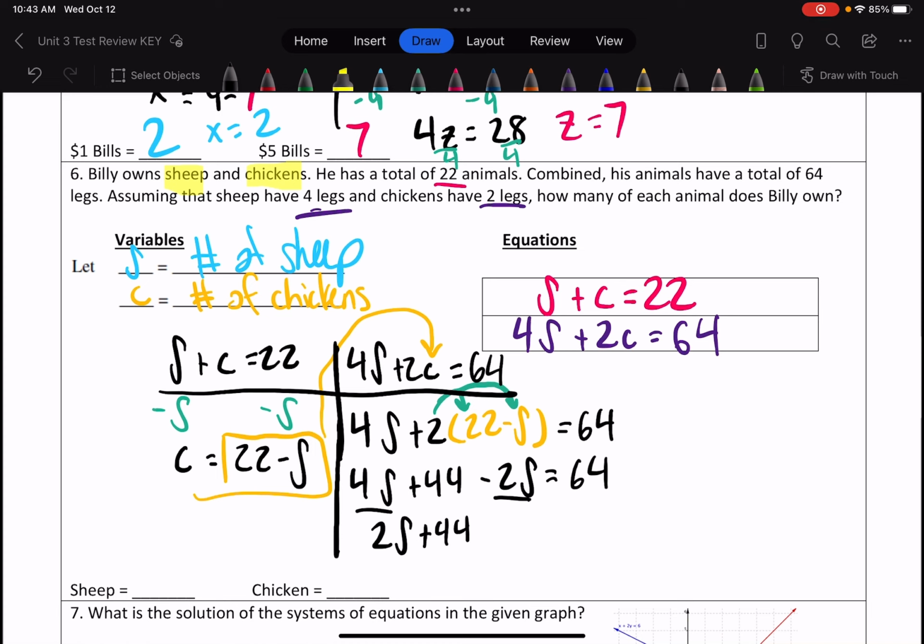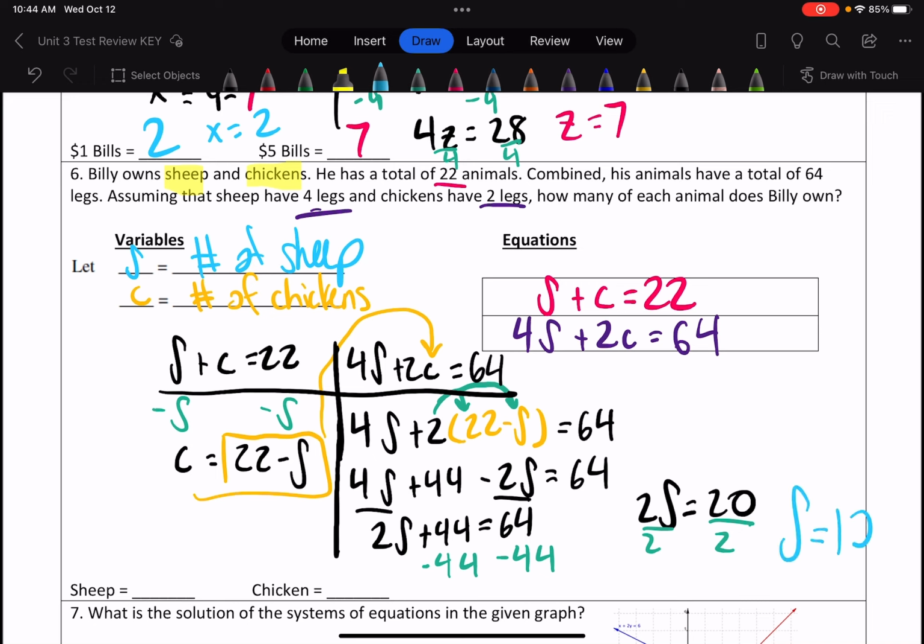Plus 44 is equal to 64. I can subtract a 44 from each side. So I get that 2S is equal to 20. And then I can divide by 2. And that tells me that S is equal to 10.